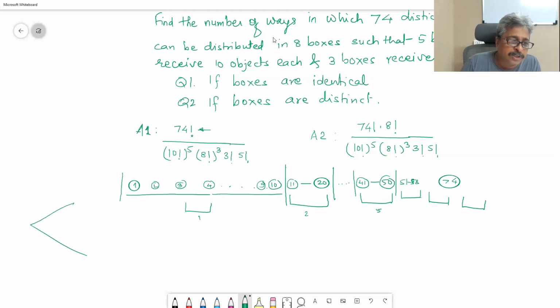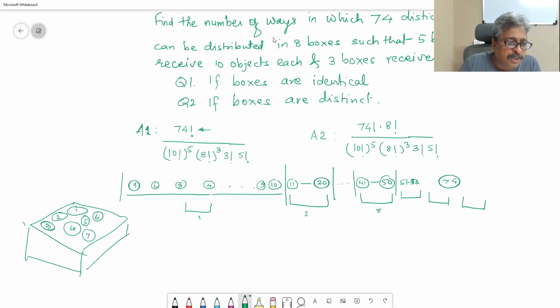Suppose the box is like this, and this is object number 1, this is object number 2, all distinct. It is not important how they are sitting in the box. That they are in one box is what is important to us.